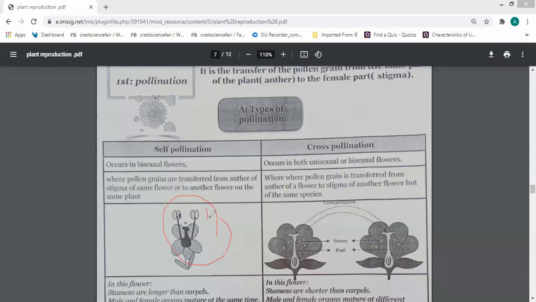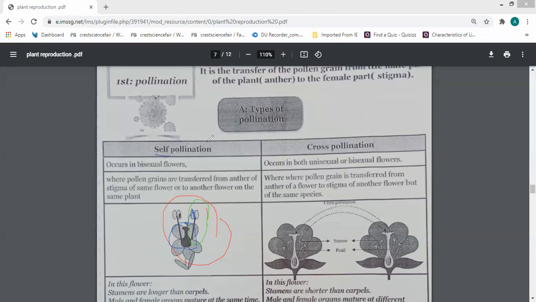I will circle the male organ in green, the anther and filament, and I will color the ovary blue, this one. So the pollen grains will transfer from this anther to the ovary of the same flower. So when the pollination occurs in the same flower of the same species, this type of pollination is called self-pollination.